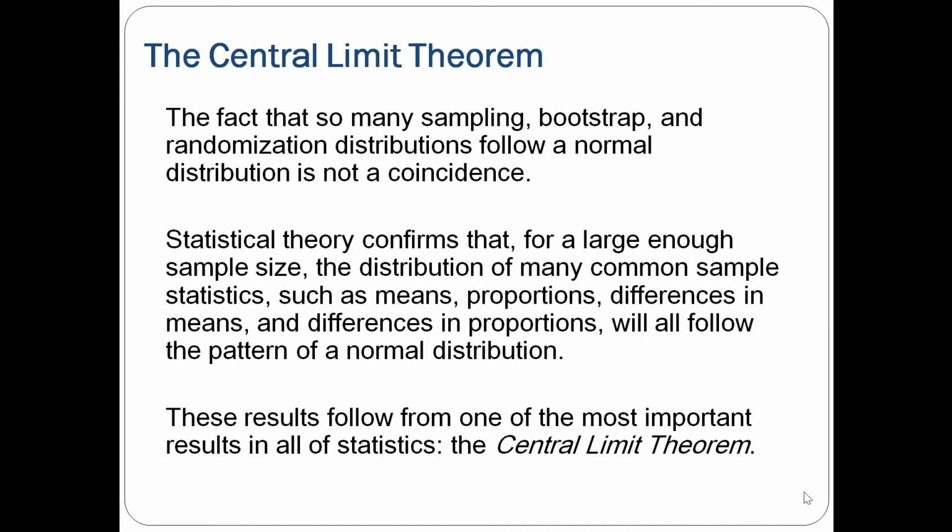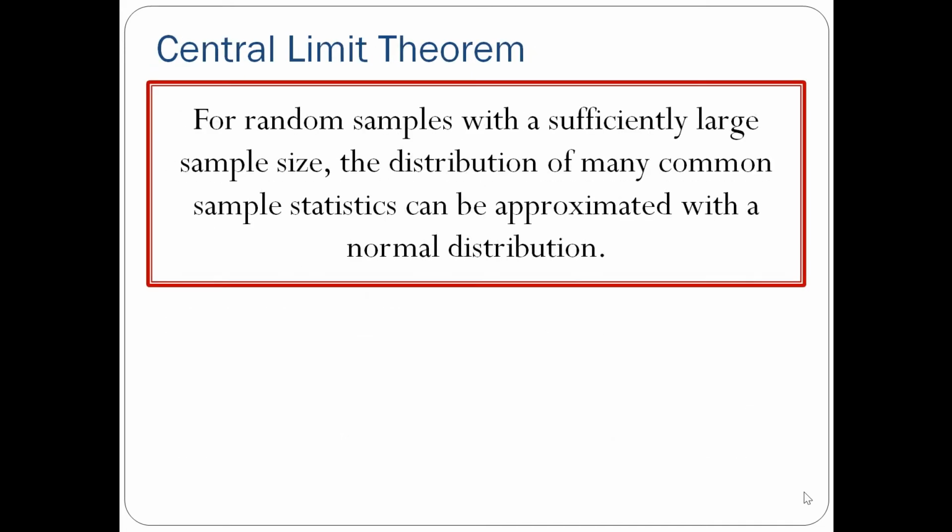These results follow from one of the most important results of statistics, and that is called the central limit theorem. So the central limit theorem says that for random samples with a sufficiently large sample size, the distribution of many common sample statistics can be approximated with a normal distribution.